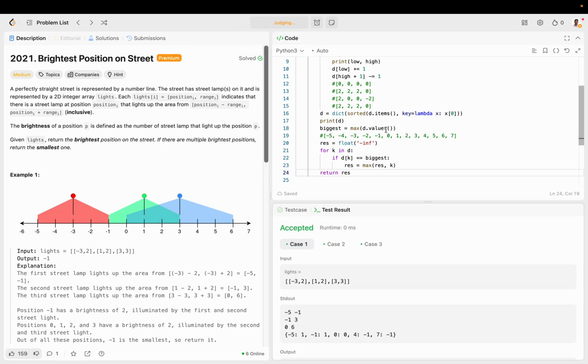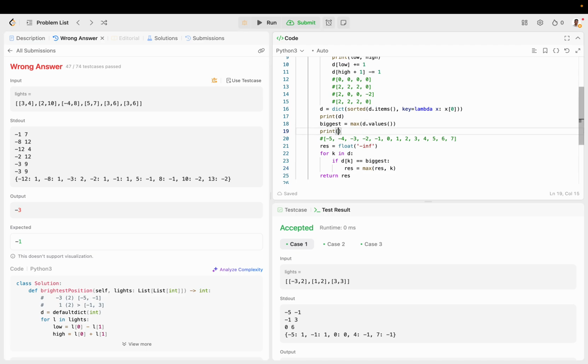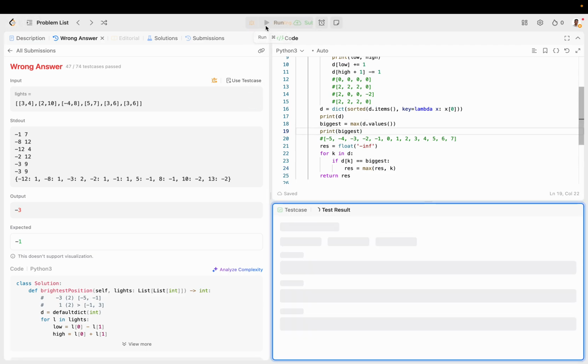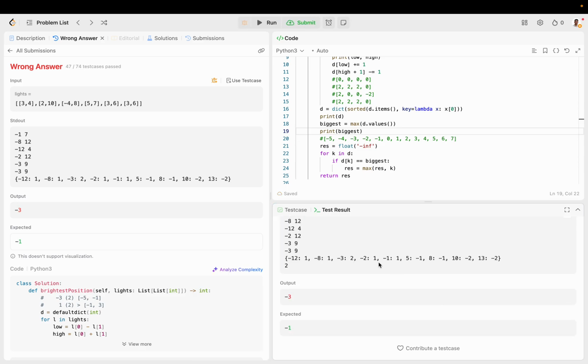So, okay, this is not correct. Okay. So let's see what's going on here. Let's print the biggest. So the biggest is 2. Which elements have 2 in them? Only this, but we want 1.